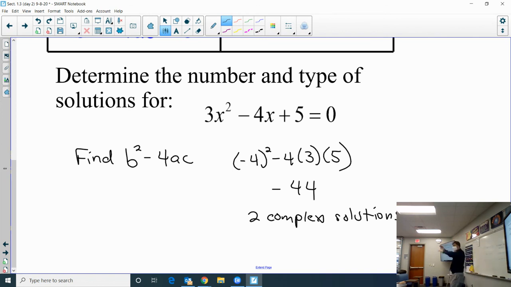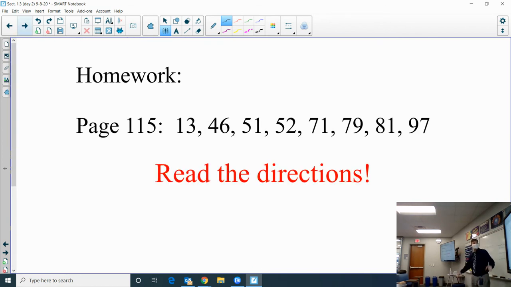All right, so that's solving quadratics. I mean, there's a ton involved in there, but just stuff you've had before. Obviously, it helps to get reminded. All right, get started on this. 13 and 46 might be the 2 harder ones. Like 46 is completing the square and has a coefficient. If you get stuck on either of those, I want you to see me before you leave. So try and get done with 13 and 46 before you leave.